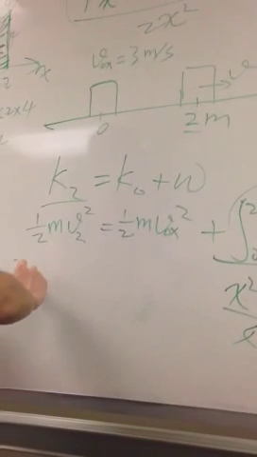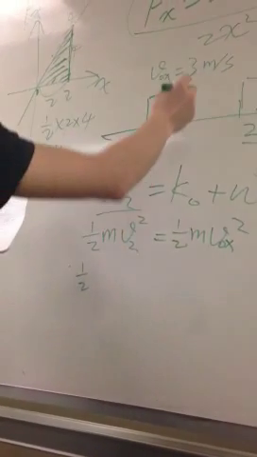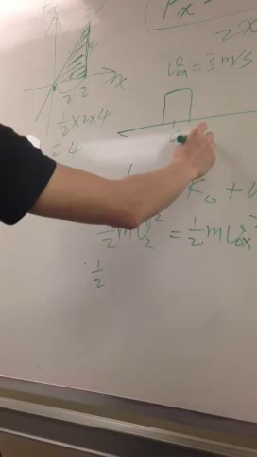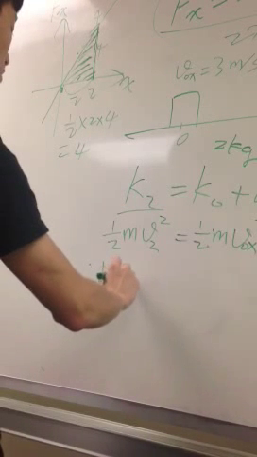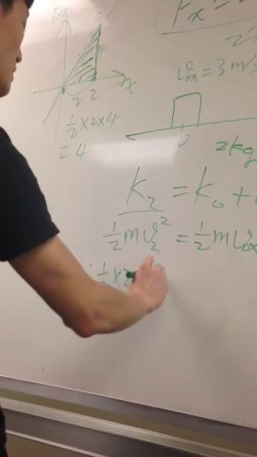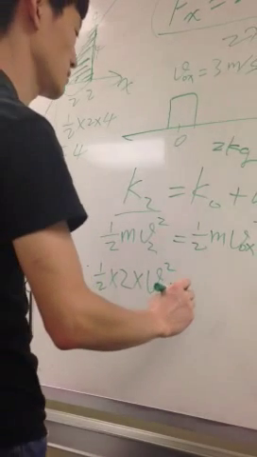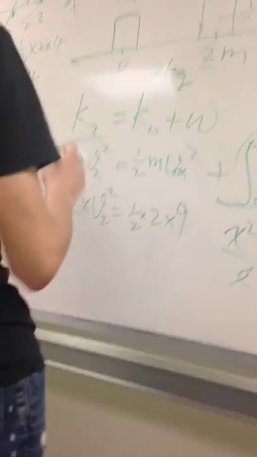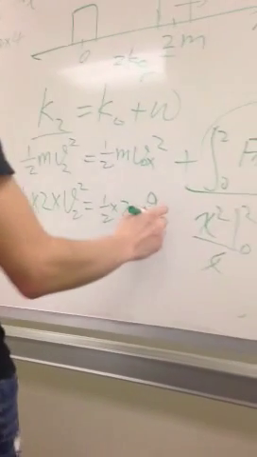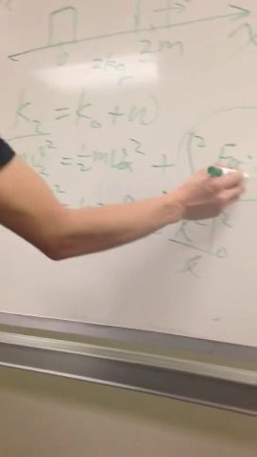So 1/2 times 2 kilograms times the velocity squared equals 1/2 times 2 times 9, because its initial velocity was 3, plus 4.